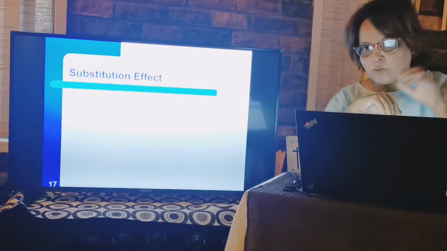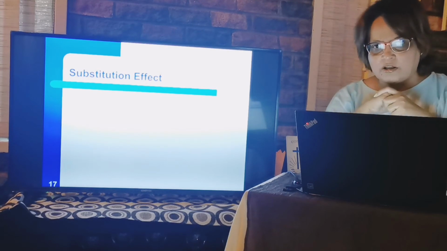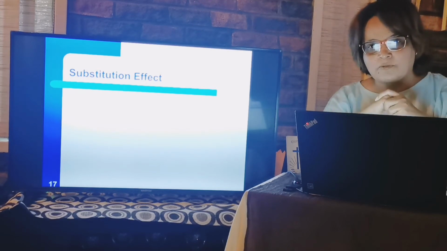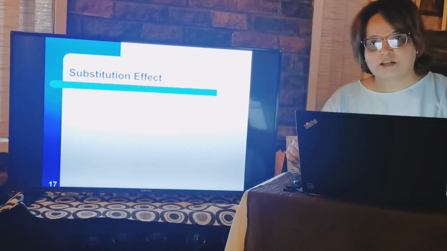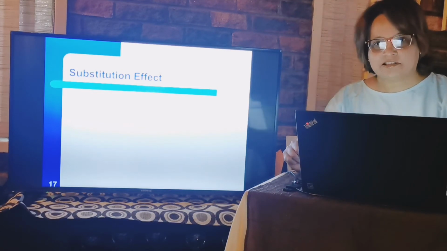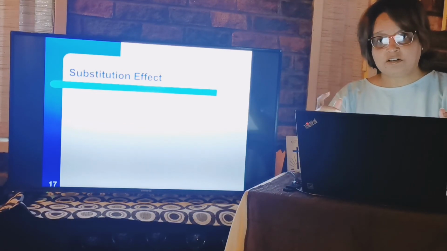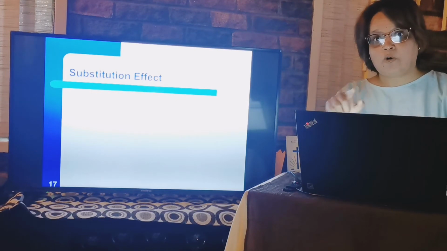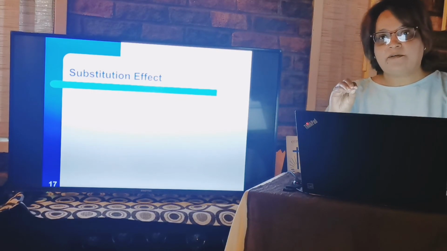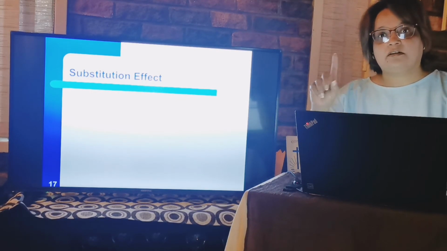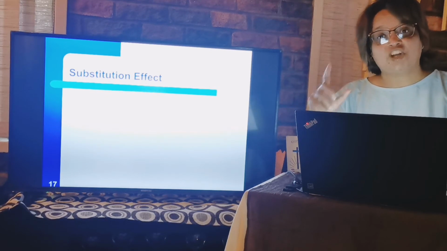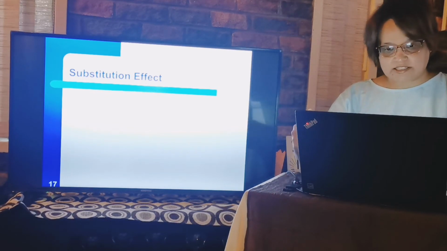Because I will not buy the one that's so expensive, I'll rather go for the other one. Pharmacies work on the best concept of substitution. They work on generics. So if the original is a bit pricey, they will go for the very same one that has the same effect, which we call the generic. So that's a substitution effect.